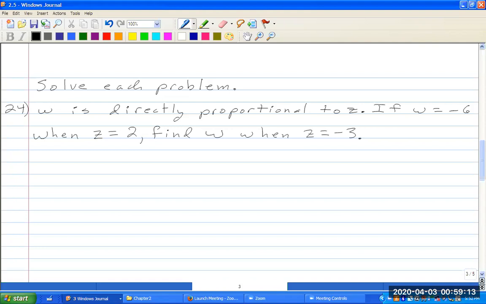If W is equal to -6 when z is equal to 2, find W when z is equal to -3. And so I have that W is directly proportional to z. So there exists some constant of proportionality k such that W is equal to kz.